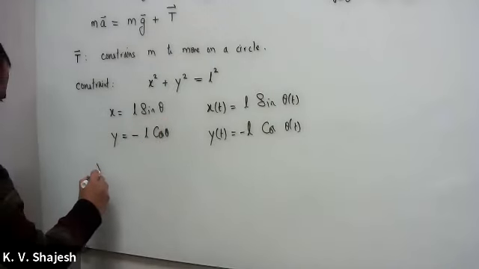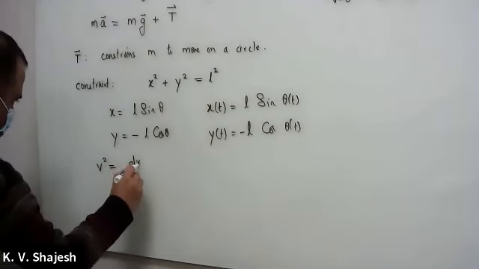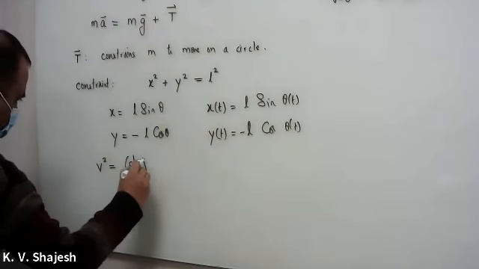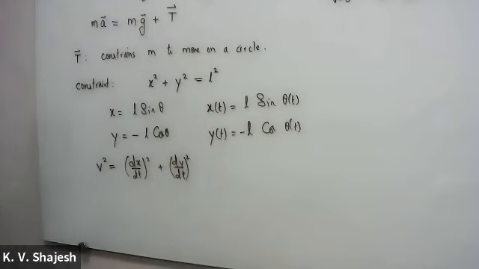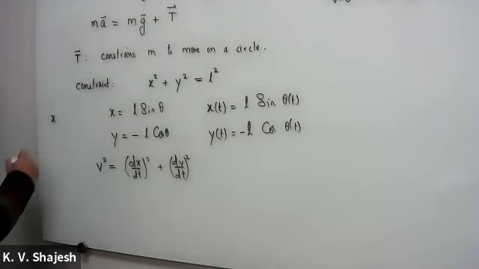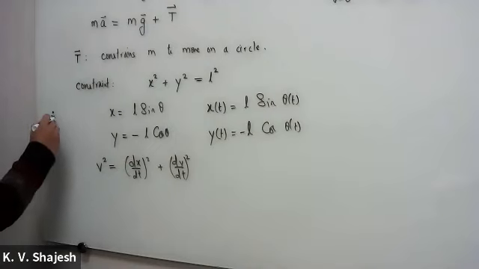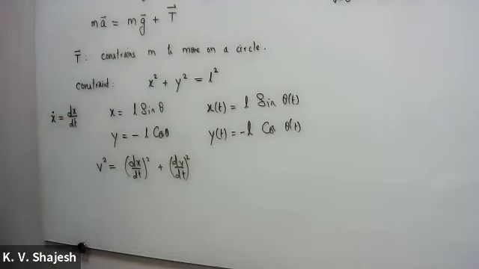Velocity squared would be the derivative of x with respect to time, squared, plus the derivative of the y coordinate with respect to time, squared. This is a common quantity, the time derivative, and since it will come so often, we'll use the letter x dot to represent dx by dt. x depends only on one coordinate, the time, so it doesn't matter whether it is a partial or total derivative. So that's a notation.